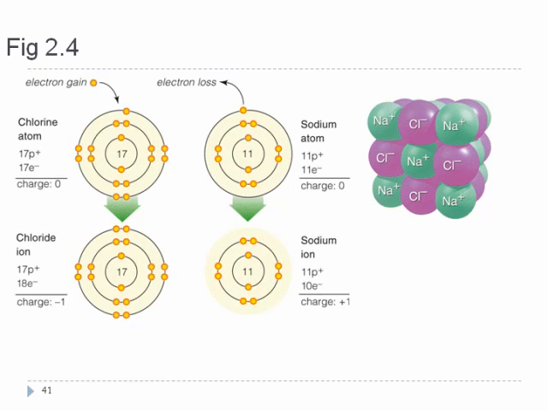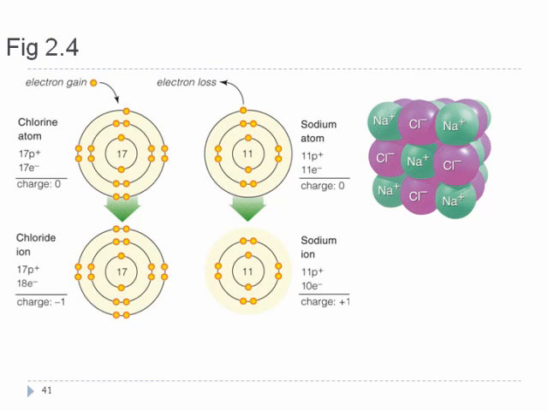Sodium is much more stable as an ion, having lost that electron, than it is as an atom. And so sodium can lose that electron and become more stable. Chlorine can take on that electron and fill its outer electron shell, and that makes chlorine much more stable.